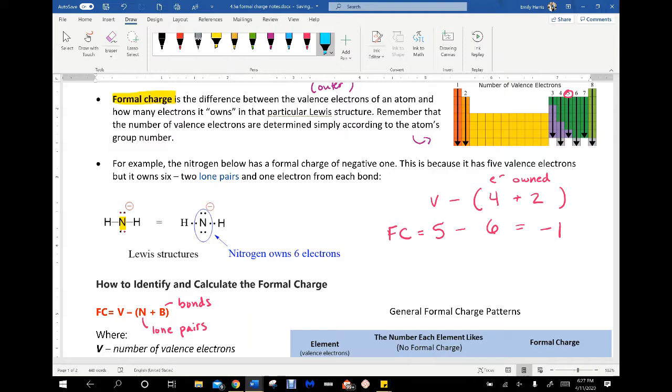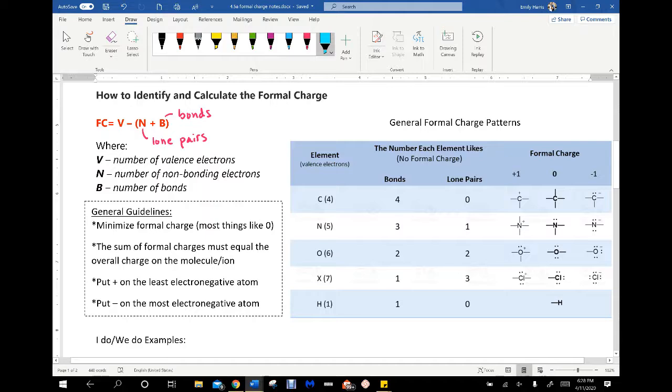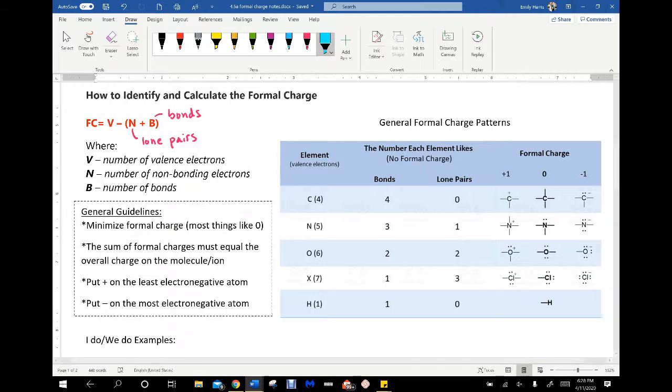The way we note formal charges is with little symbols: a minus sign for a negative formal charge, a positive sign for a positive formal charge, or if it's neutral, we just write nothing. If you look at enough molecules, you begin to see some general formal charge patterns.